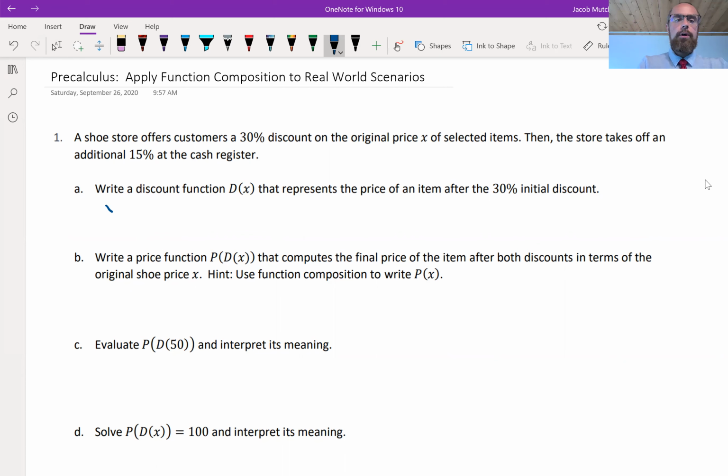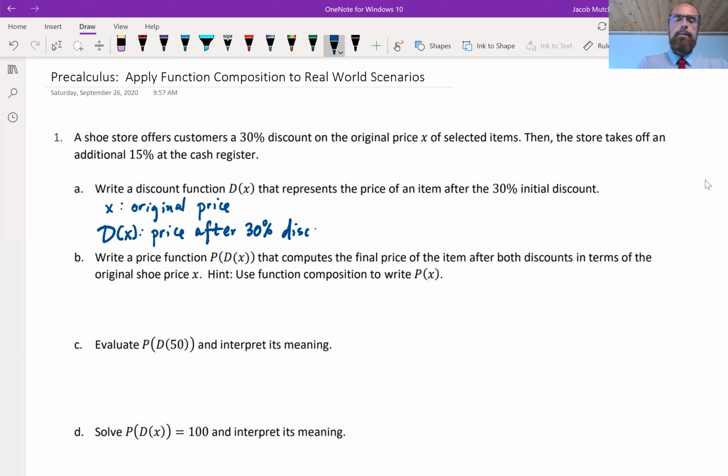We'll call that simply X. And that would be the price of a pair of shoes without any type of discount. It's the sticker price. Now, d of X for us is going to be the price of the shoe after the first discount. So that's a 30% discount.